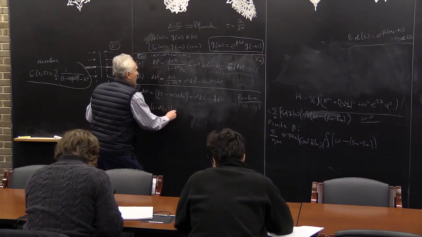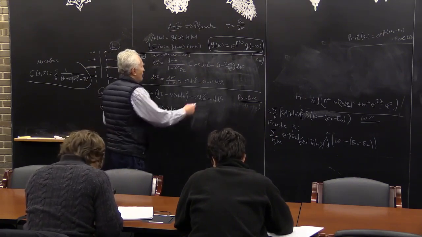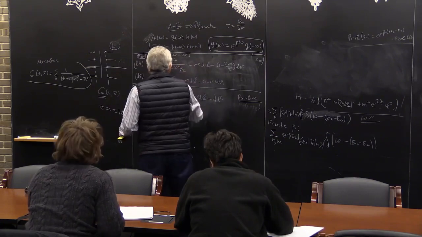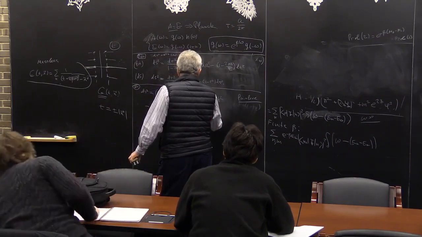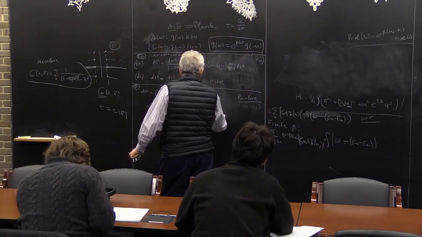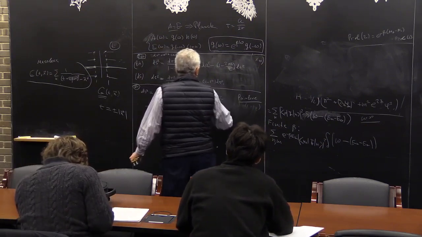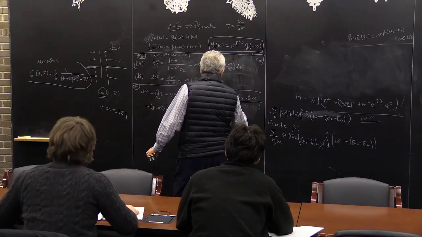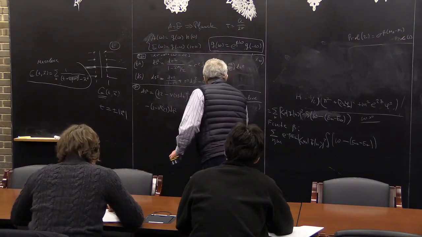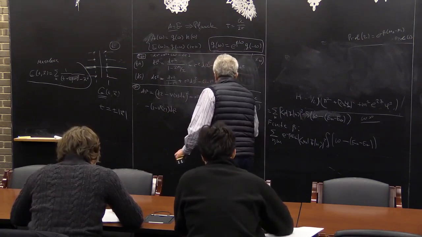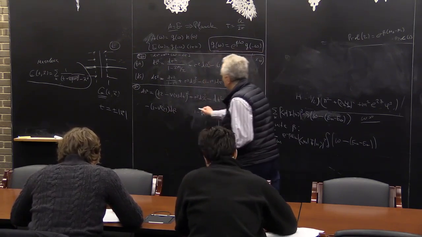So if we simply now identify 1 minus v square of r with 1 minus 2m divided by r, or with minus r square here. That's the first part.